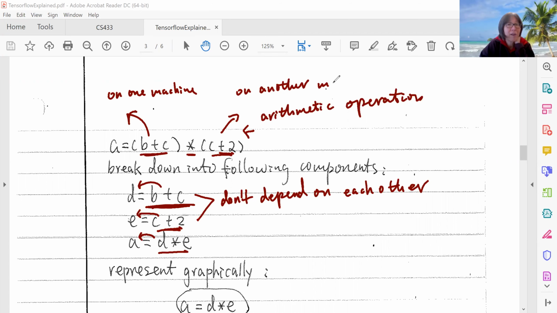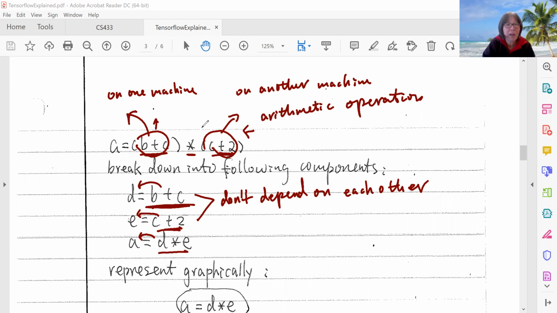You can let two persons simultaneously do this one and this one, and that's a speed-up versus using just one person, who can only do this one, and after it finishes, do the next.